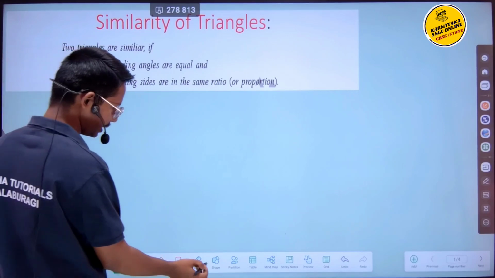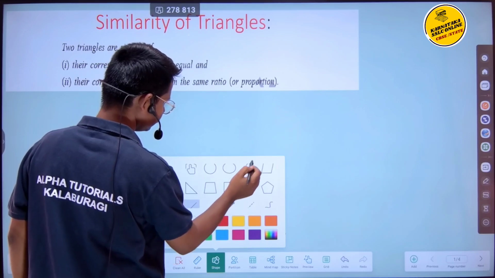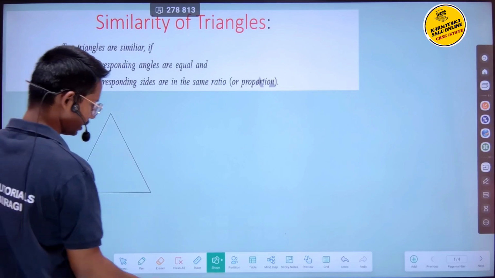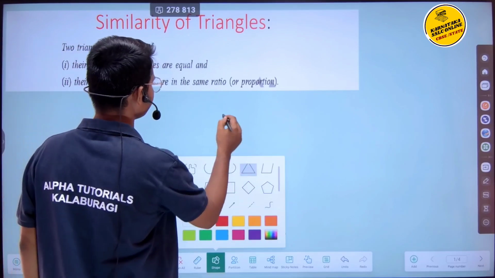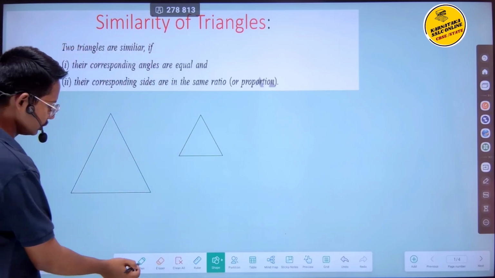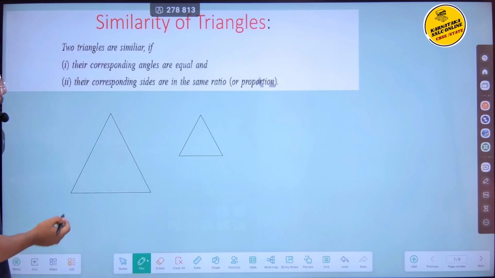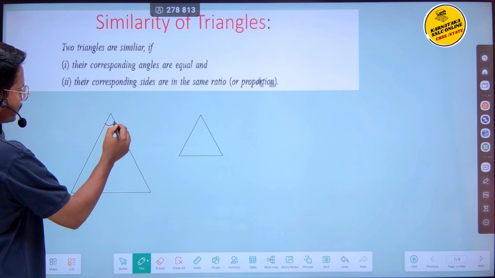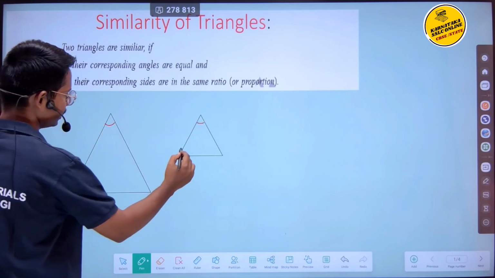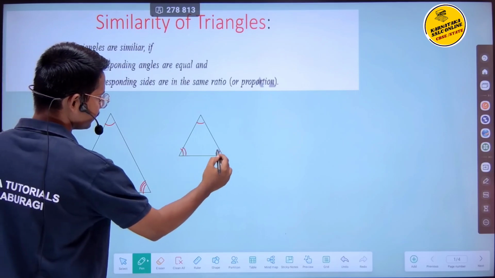Suppose I take one triangle and one more triangle. Now you can see in both these triangles, if the corresponding angles are equal, then I can say the first condition is satisfied.